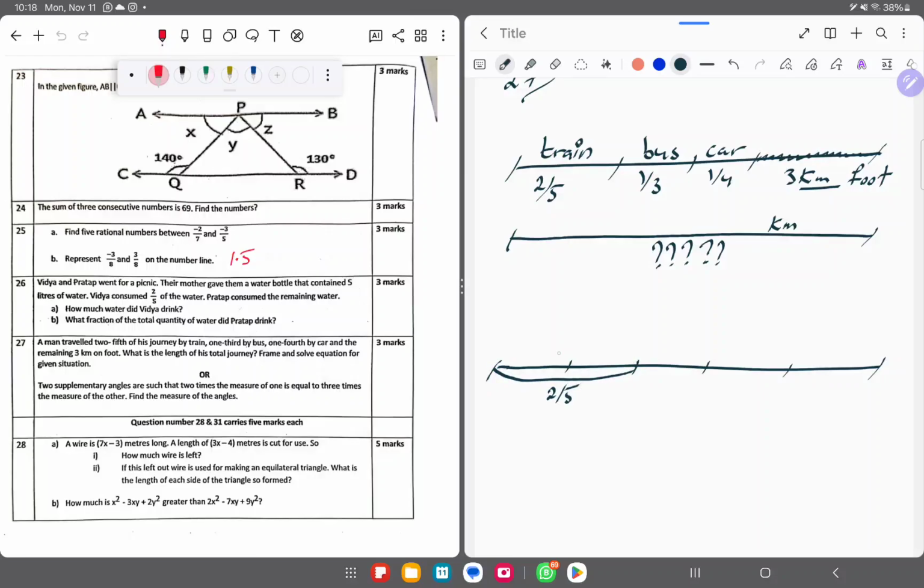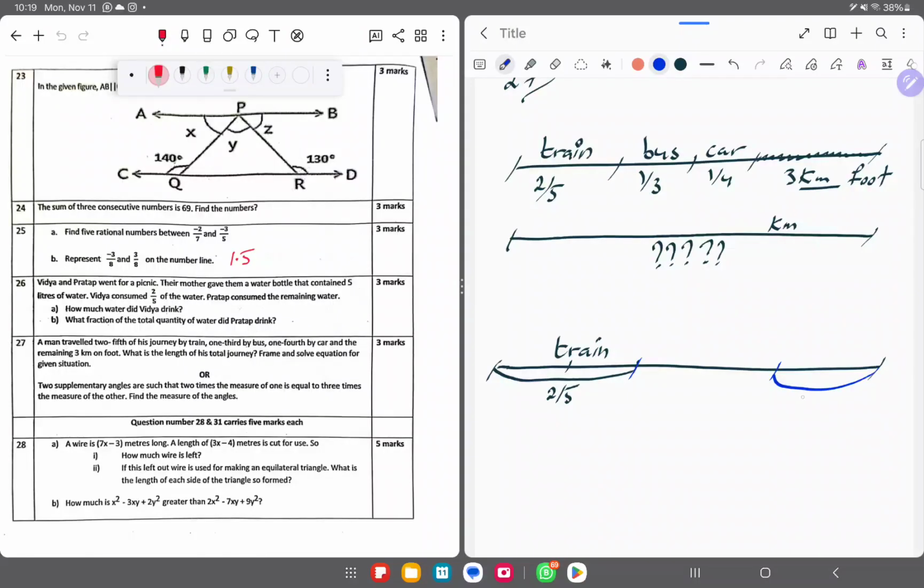by train, and 1/3 by bus. 2/5 is the same place as 1/3.